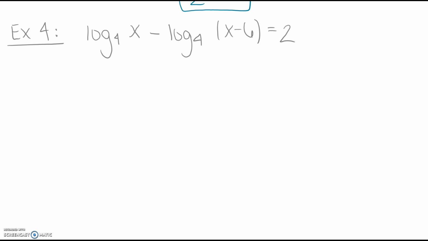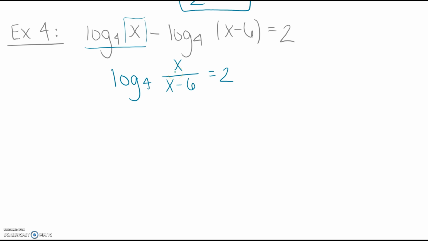So because we're subtracting our logs, we can rewrite them as log base 4 of x divided by x minus 6 equals 2. Remember, the first log is what's going to go into the numerator.